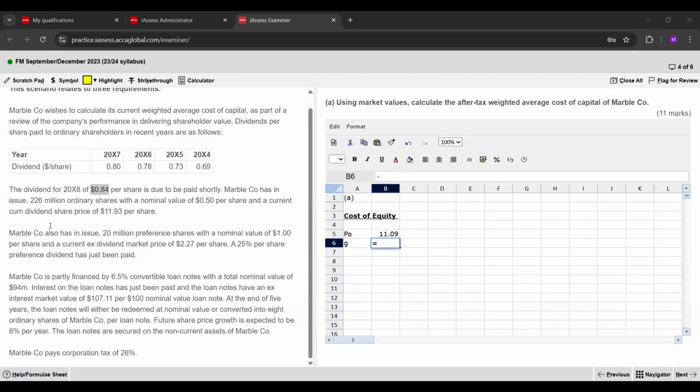That is the current dividend, 0.84, divided by the 2004 dividend, 0.69, to the power of 1 divided by how many years? 2004 to 2005, 2005 to 2006, 2006 to 2007, 2007 to 2008. It is 4 years.